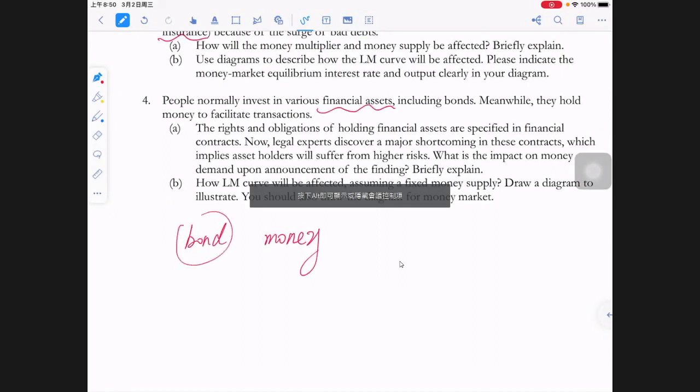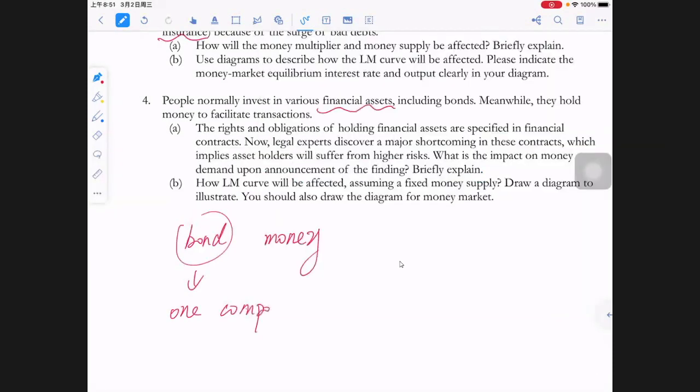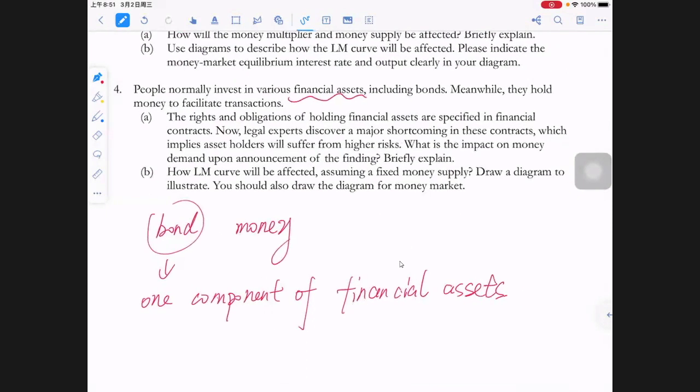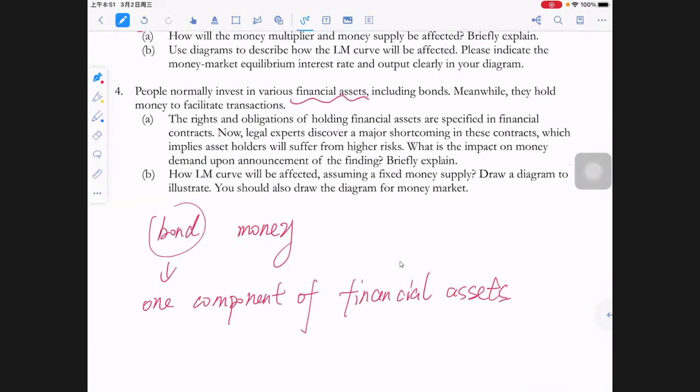Bond is one component of financial assets, okay? So here we just have more components of financial assets like securities or commercial bills, okay? But basically they are the same.